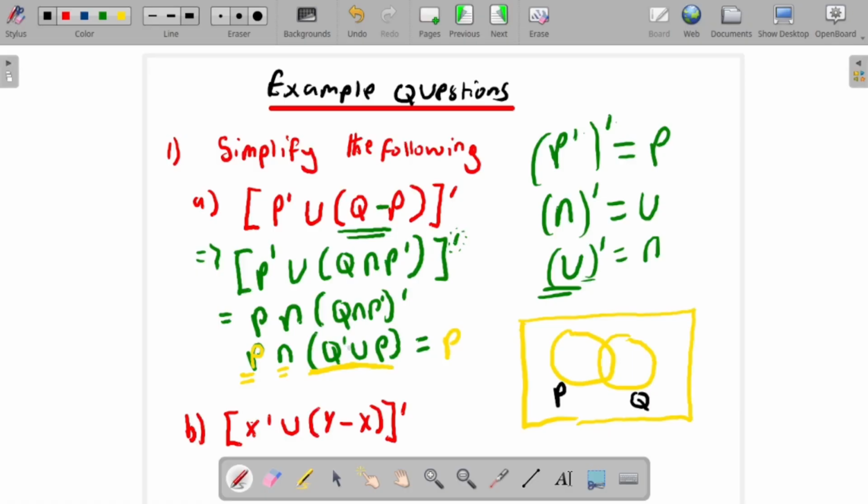Q complement, they're saying shade around Q. That's what basically Q complement means. Shade around Q. So we are shading around Q. That is shading around Q.